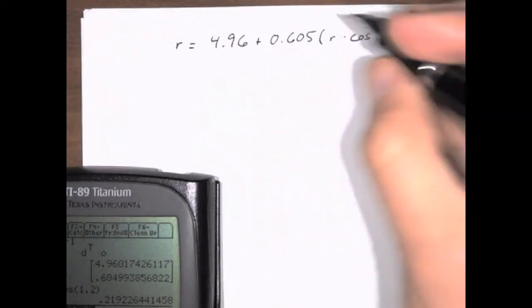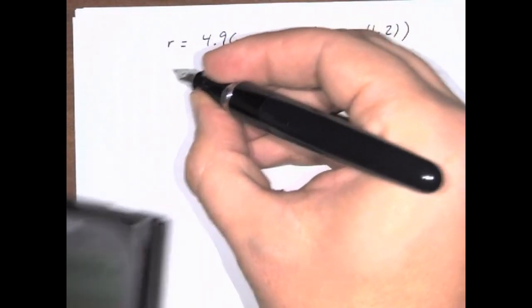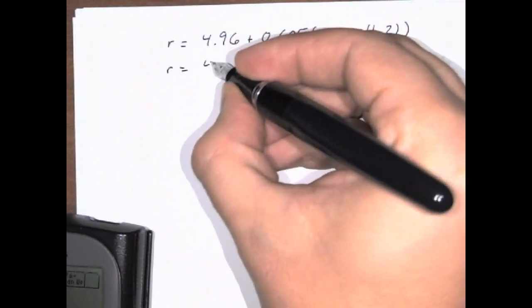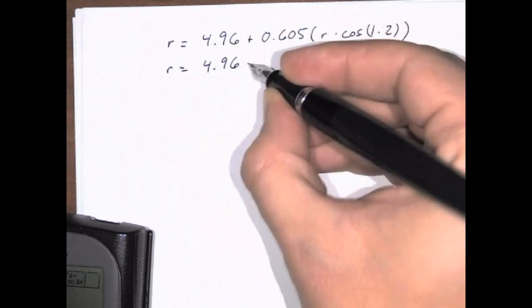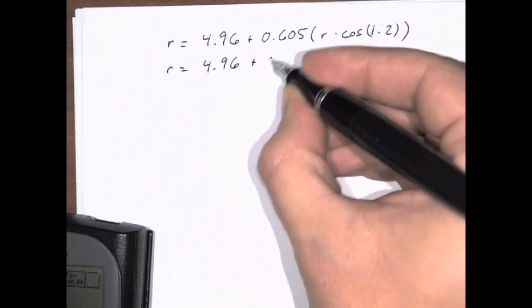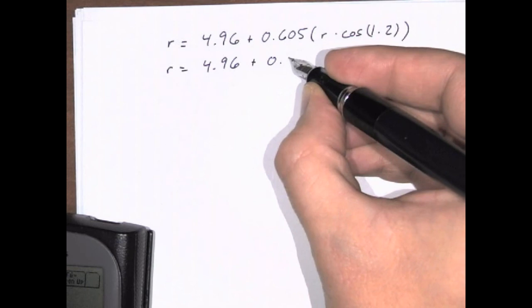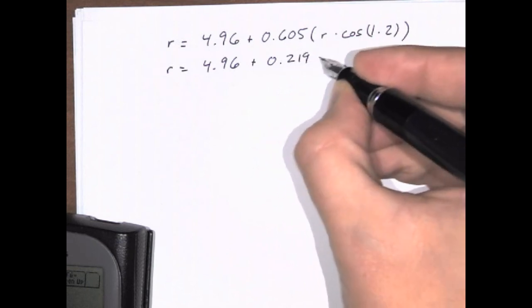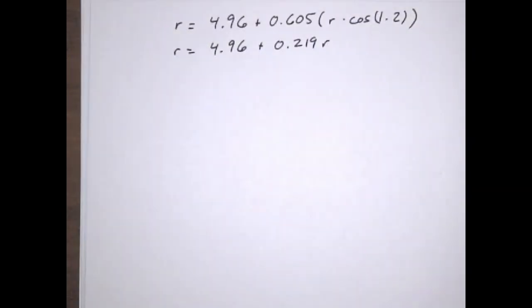And so we get here that R equals 4.96 plus 0.219 R, just multiplying those parts out.